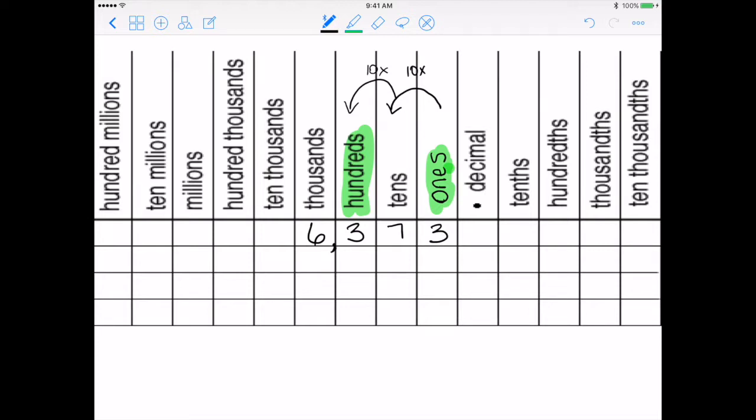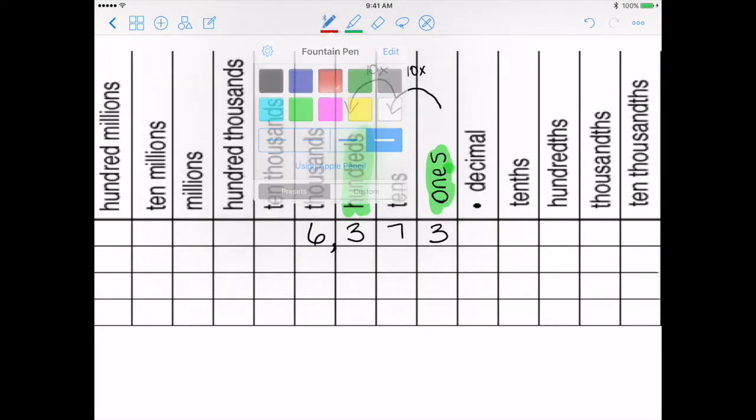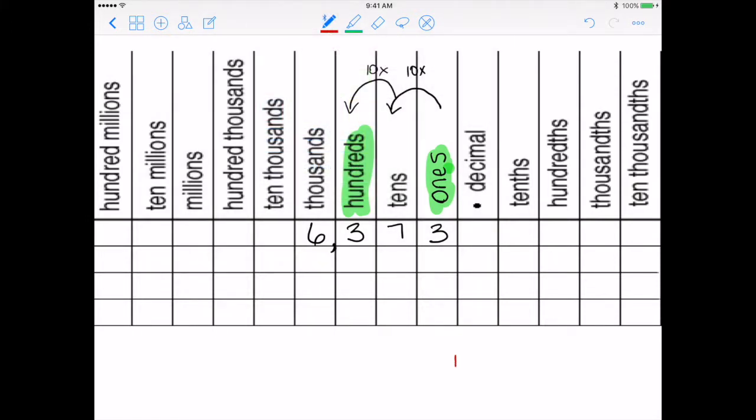If we're starting with the value of the 1 and we're increasing it 10 times, what's 10 times 1? That's right, that equals 10. Now we've just gone from the ones place value to the tens place value, multiplying by 10. So then, what about the tens place value? We're starting with the tens place value, and we multiply that by 10.